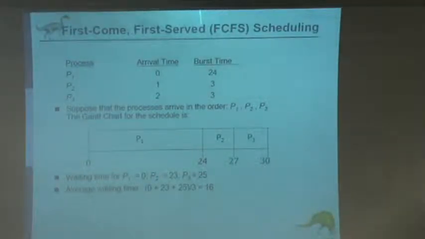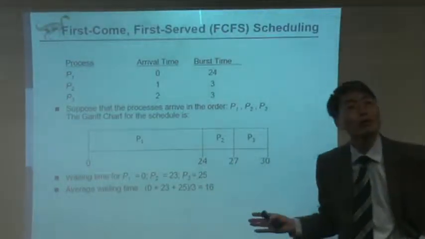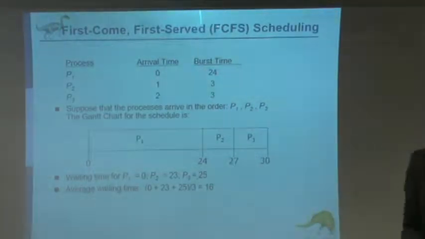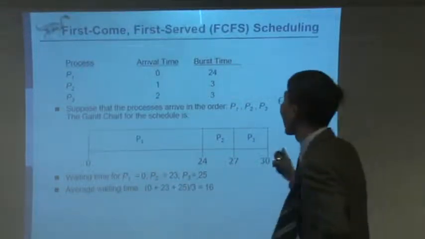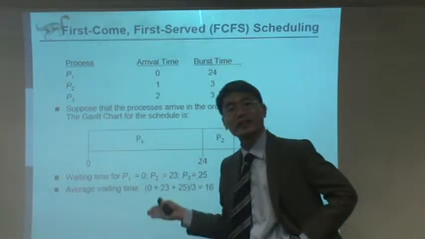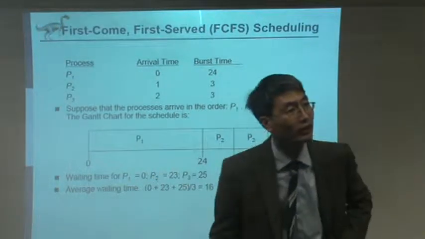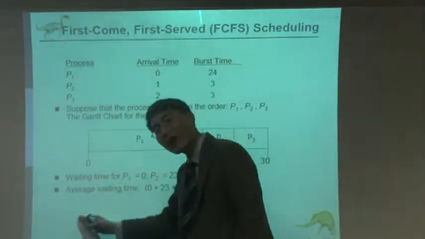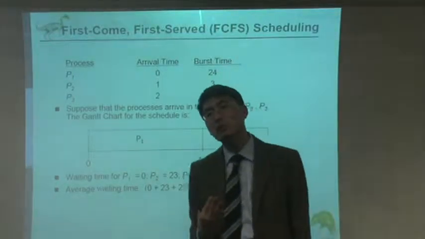Why do we need this? To evaluate the scheduling algorithm. So what is the waiting time? It's the total amount of time each process waits until terminated. You need to sum up all the waiting time. On the other hand, the response time is slightly different.